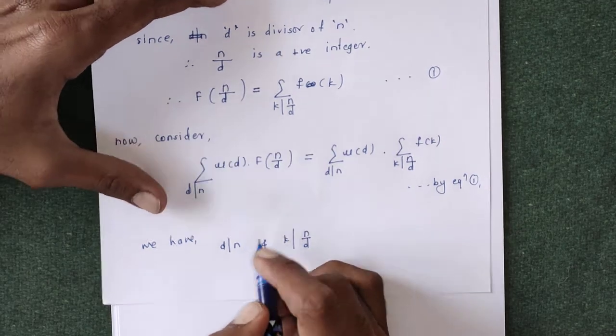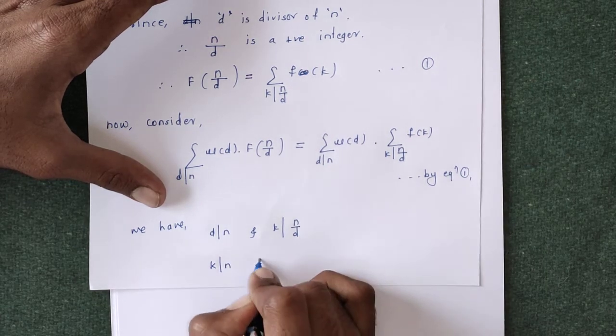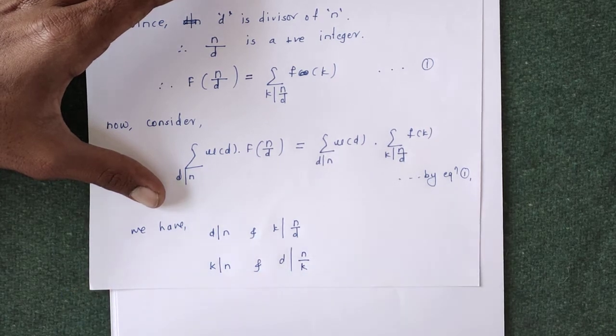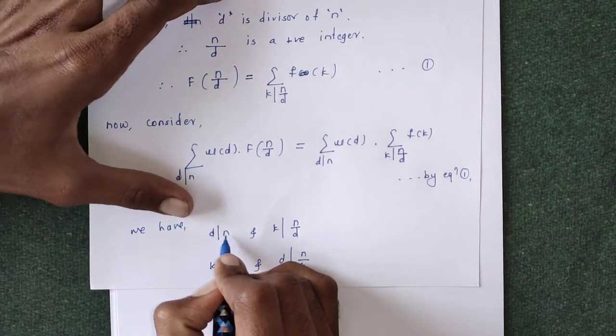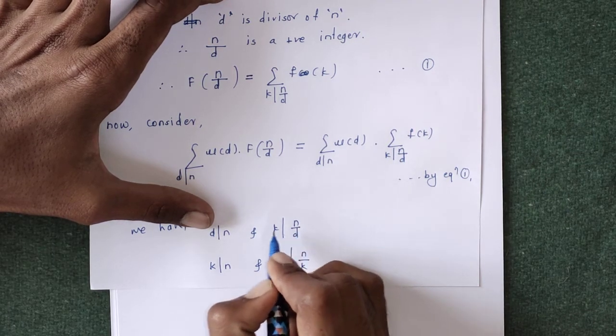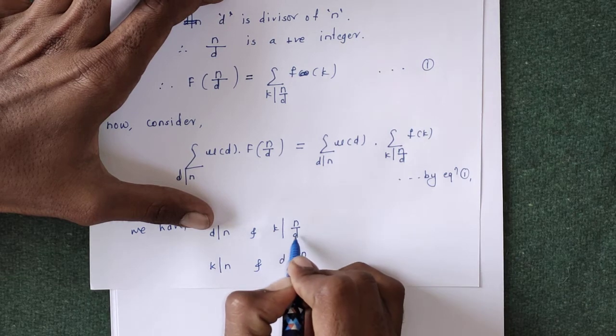So using transitivity we can write that k divides n, and just rearranging this, we can write d divides n by k. Here d is a divisor of n, and after dividing n we get some number, and k is a divisor of that number.